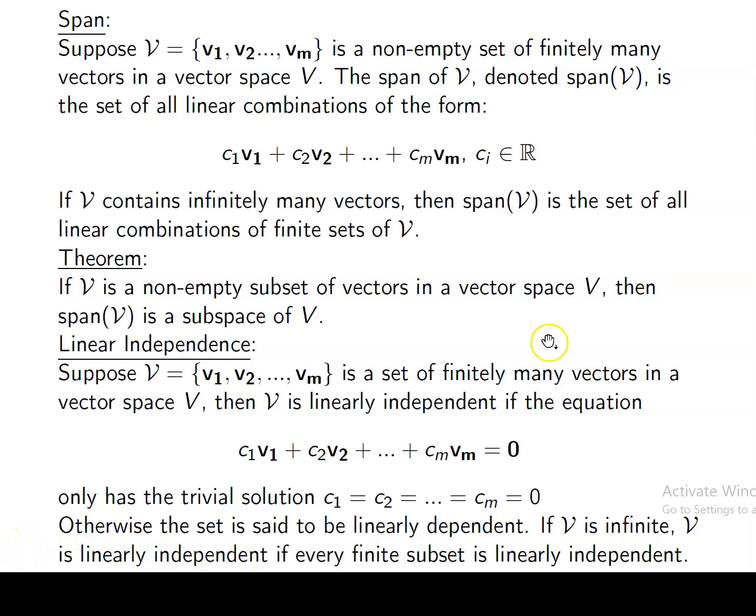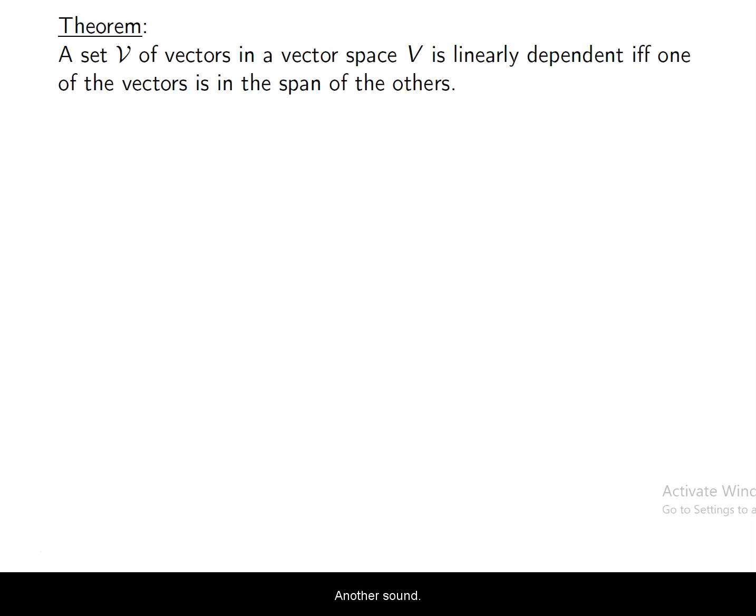All right. So another theorem: a set of vectors in a vector space V is linearly dependent if and only if one of the vectors in that set is in the span of the other vectors in that set. So again, this is a theorem that you are familiar with as well.